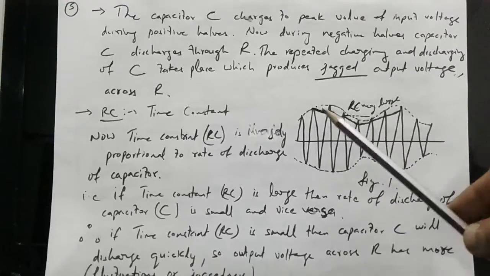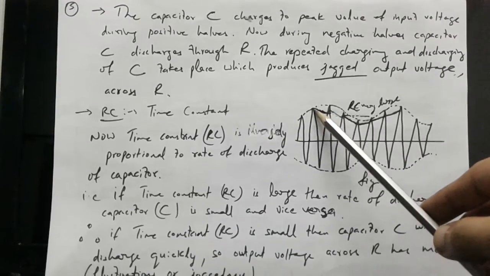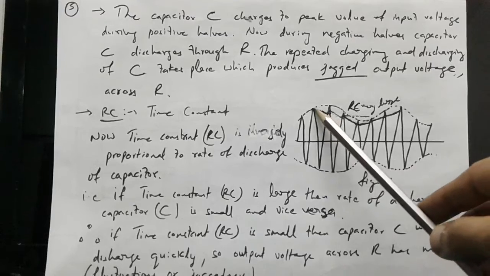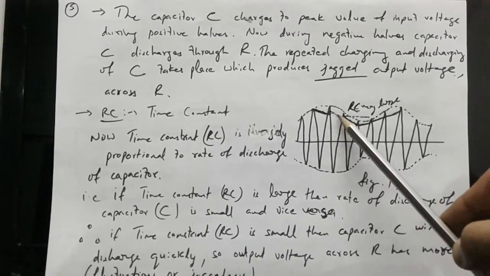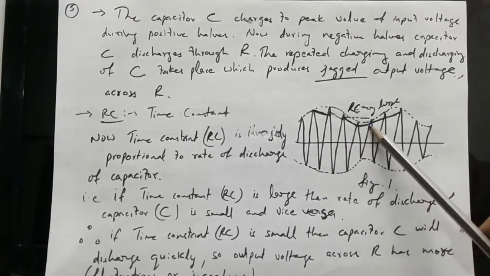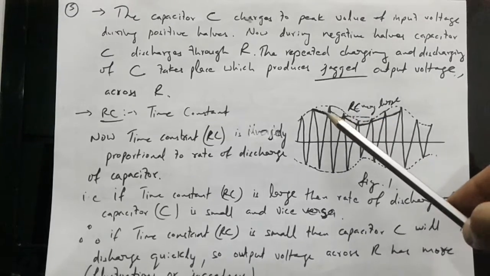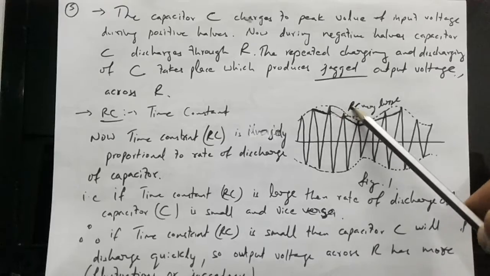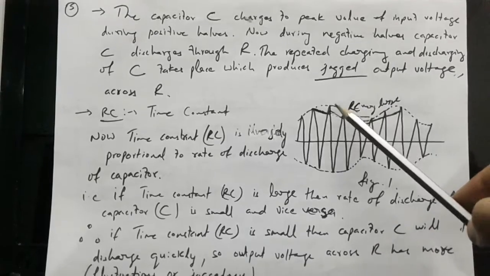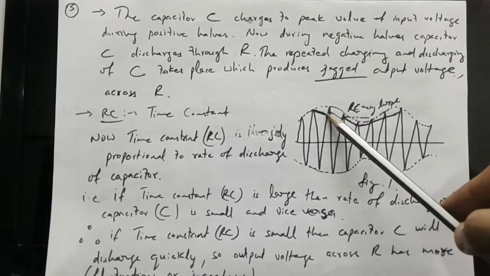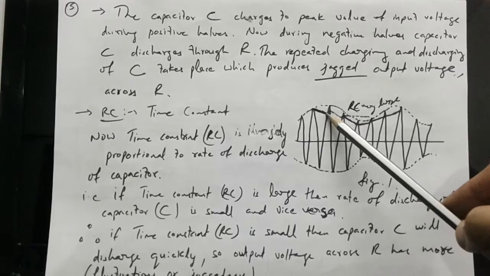So you must notice here that this straight line shows the voltage across the capacitor. Now, if the time constant RC is large, then the capacitor will discharge slowly.